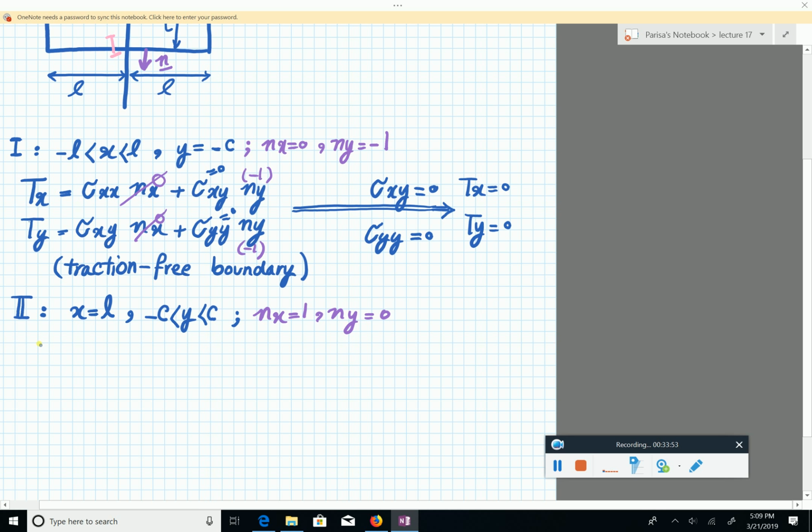So if you write Tx is equal to sigma xx, right? And we have the equation up so you can see, and Ty is equal to sigma xy. And sigma xy is 0.